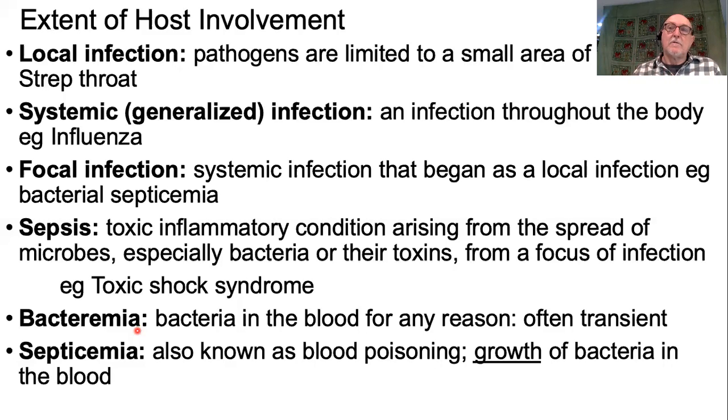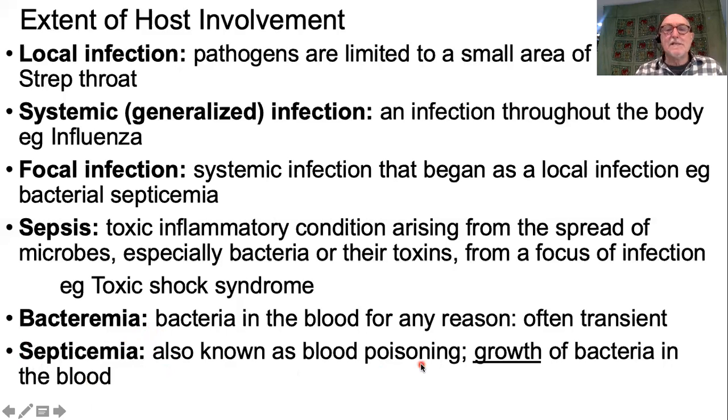Bacteria can grow in the bloodstream. They can enter the bloodstream and actually use it as an environment, not only to spread to other parts of the body, but to grow within the bloodstream itself. And that is a special condition which we call septicemia.